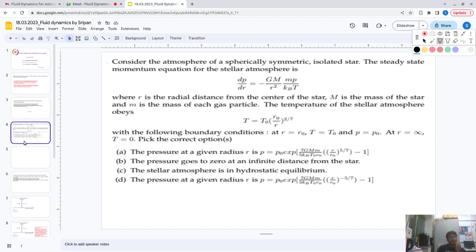Okay, so I have something to do, that r equals infinity. Say r equals r naught, it should be T equals T naught, right? It's true. And p equals p naught. Okay, so what happens is you should have that r naught here, right?